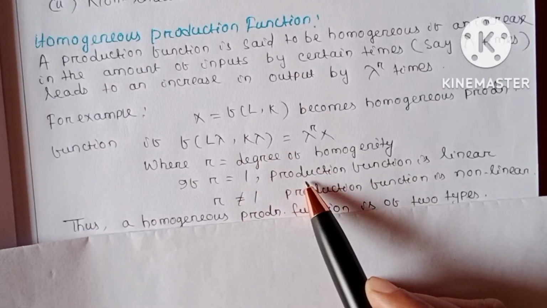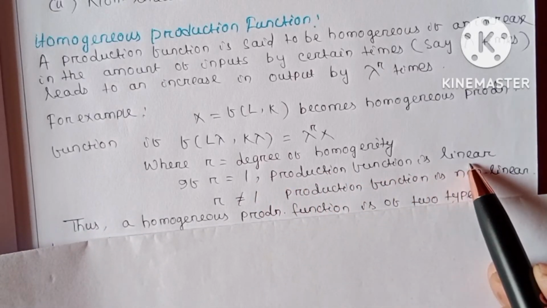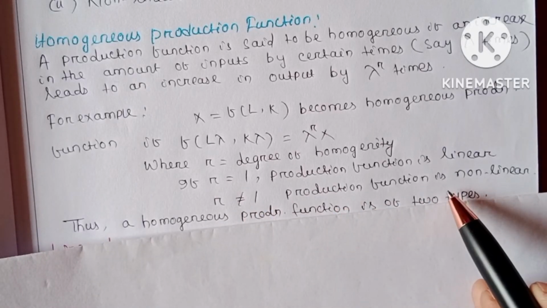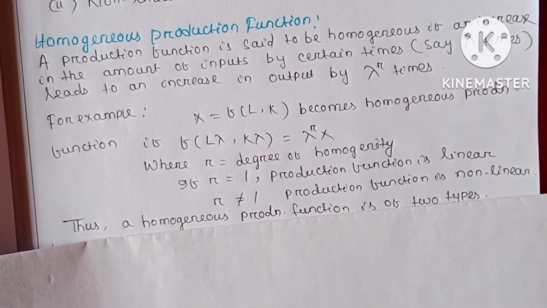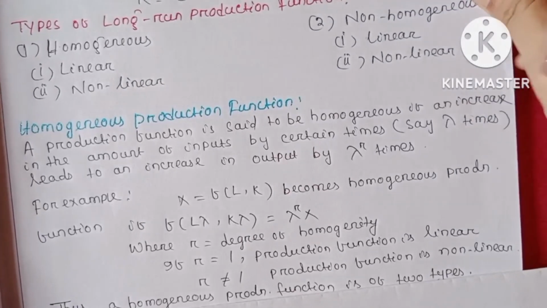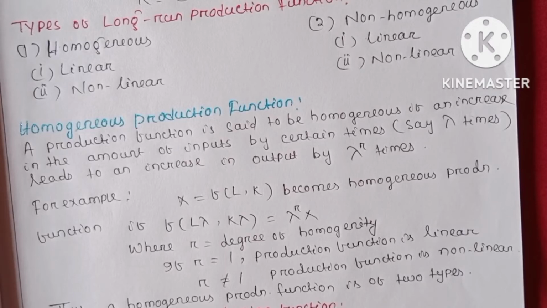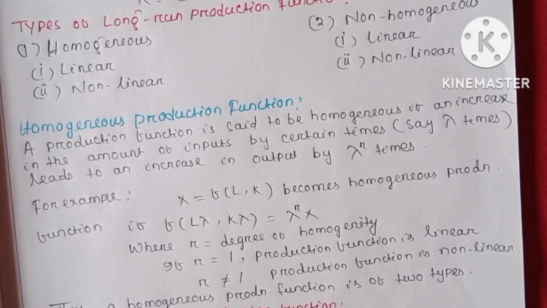If r equals 1, the production function is linear. If r is not equal to 1, then the production function is non-linear. So a homogeneous production function is again of two types: linear homogeneous production function and non-linear homogeneous production function.